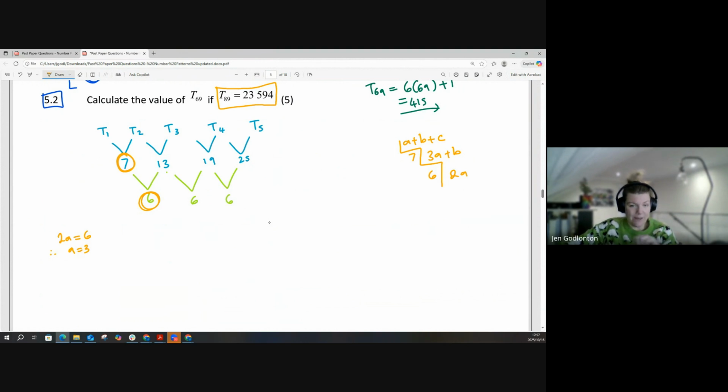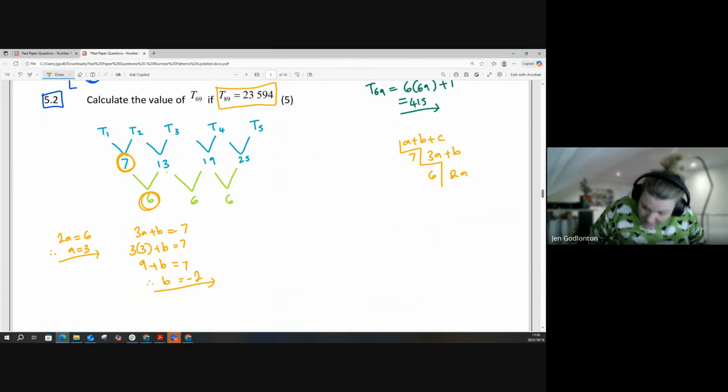Cool. Happy days. Let's look at the next one. 3A plus B needs to equal 7. So that's 3 times 3 plus B, which needs to equal 7. 9 plus B needs to equal 7, which means B is equal to -2. Before I do anything else, does anyone have any questions about that so far?